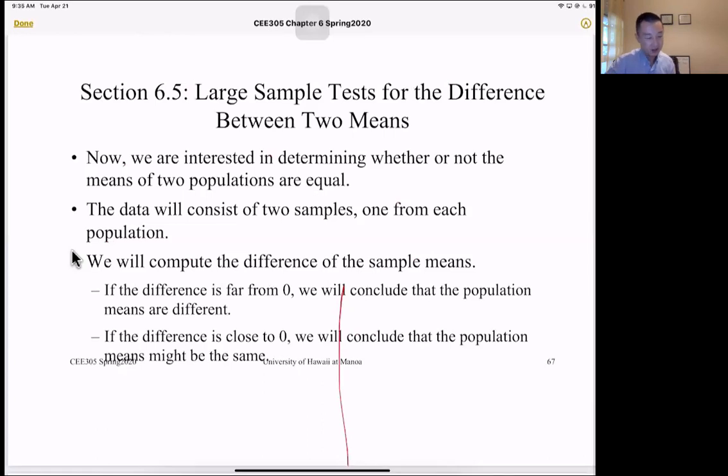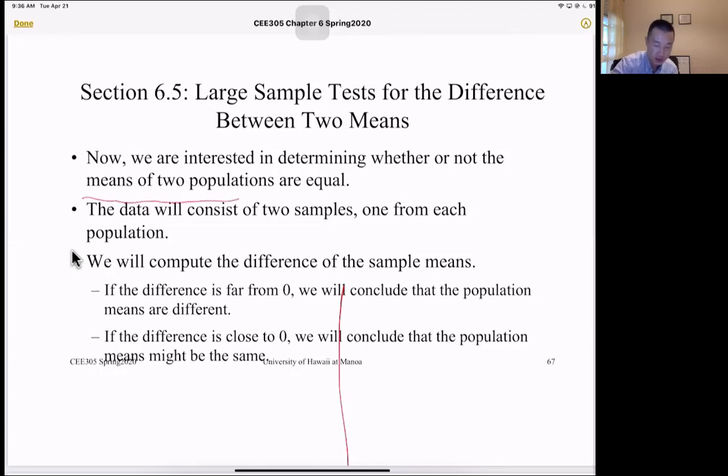6.5 is a large sample test for the difference between two means. So we also do the same thing, large sample test and confidence interval for the difference between two means. Here we are interested in whether the means of the two populations are equal or not.